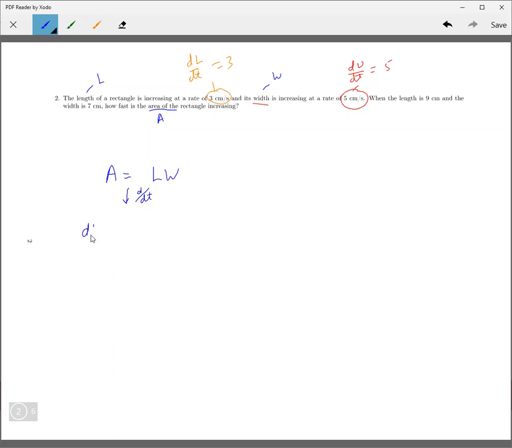On the left we have dA/dt. The length and the width are each functions of time, so you use the product rule: the derivative of the first, dL/dt, times the second, plus the derivative of the second times the first.